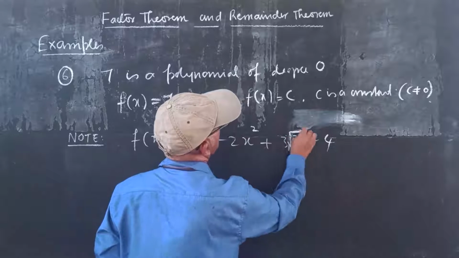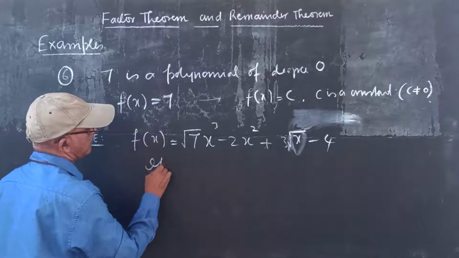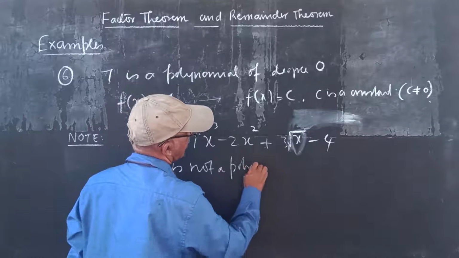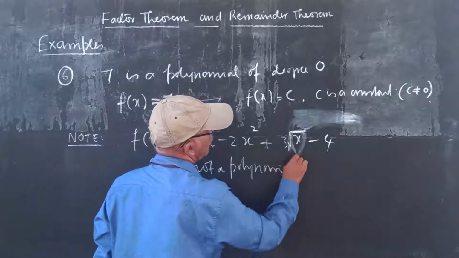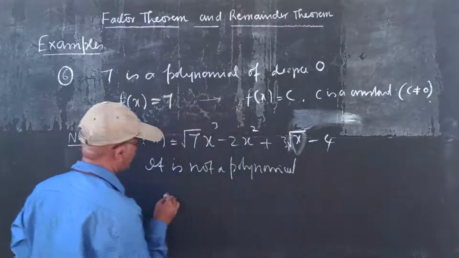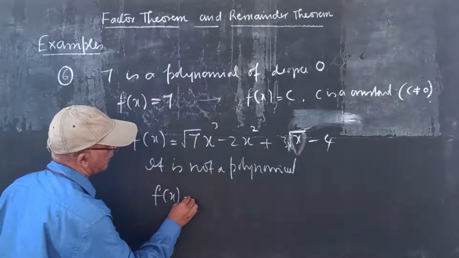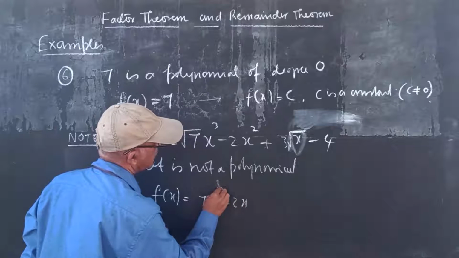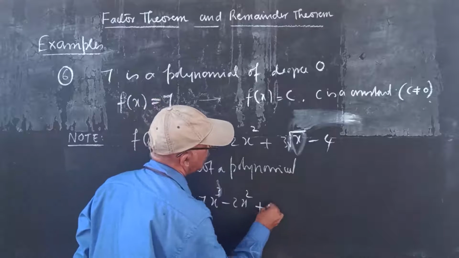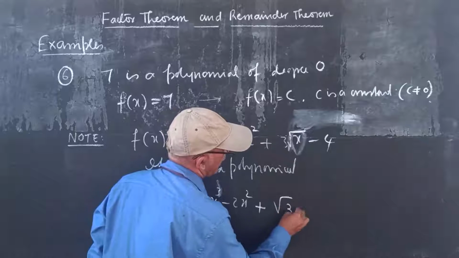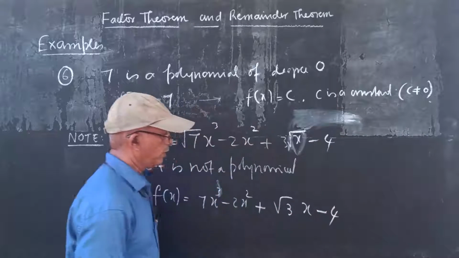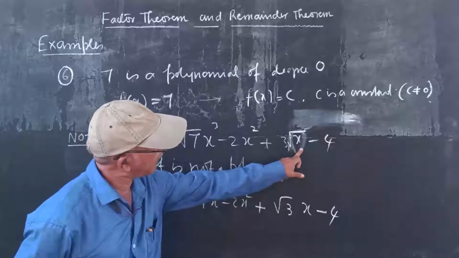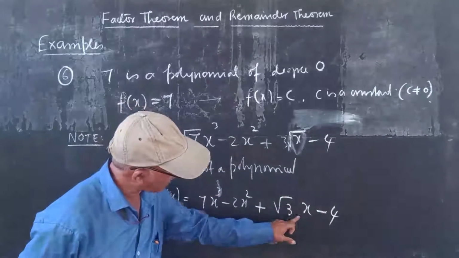Suppose we write like this, it is not a polynomial. Suppose I write 7x cubed minus 2x square plus root 3 x minus 4, this is a polynomial because here the root is for a variable, there the root is for a constant.